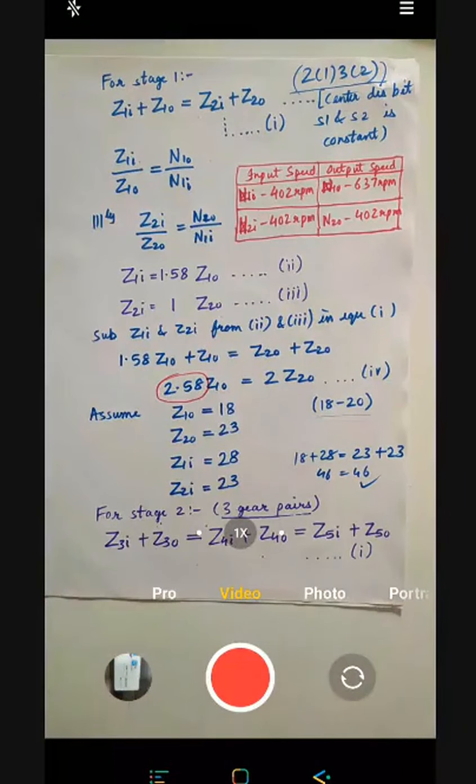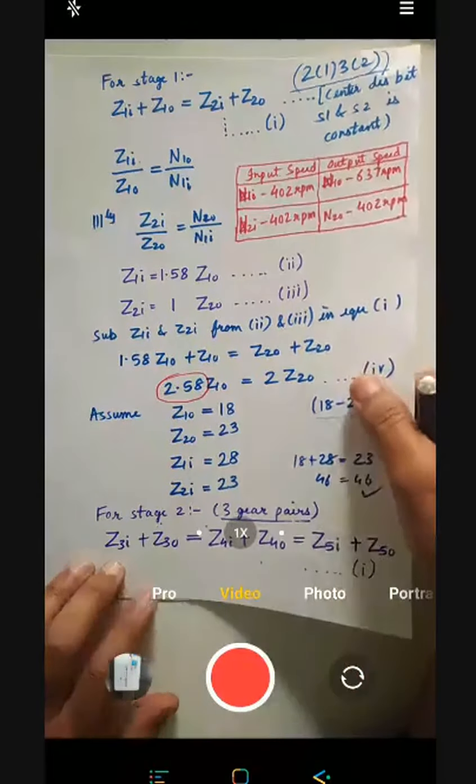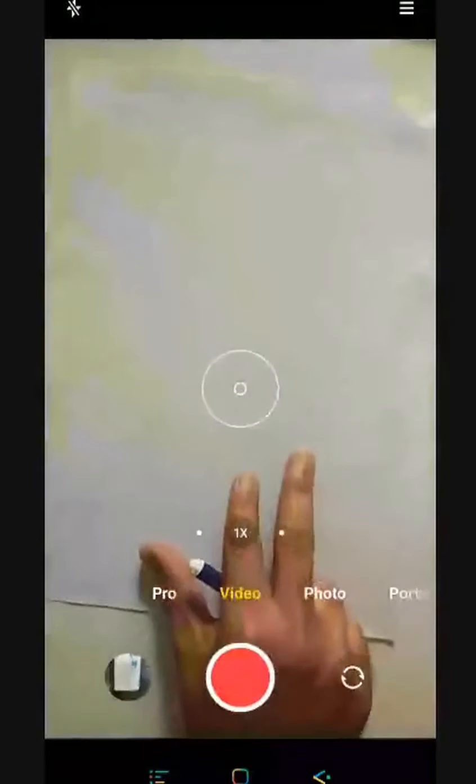Similarly we will write equation between number of teeth and speed.